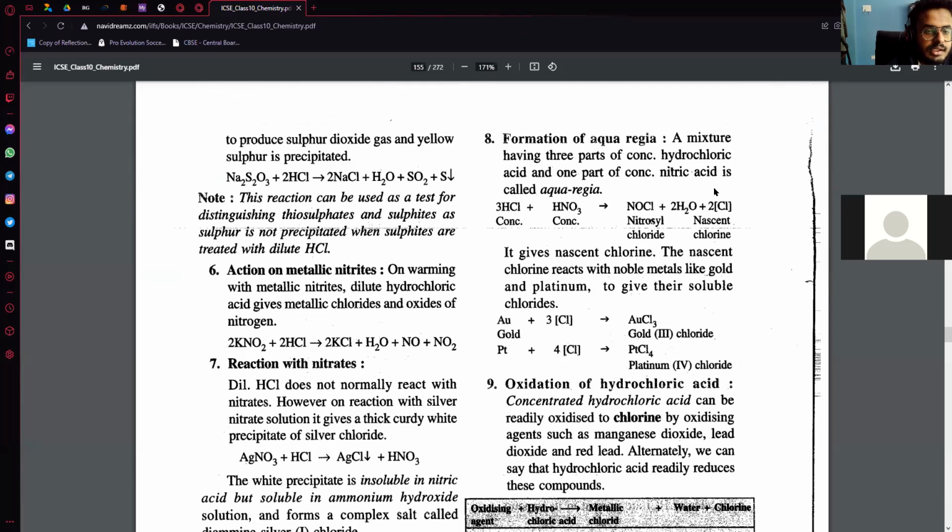You need to know this reaction, you have to know this by heart, okay? It is sure to come. 3 volume of concentrated HCl plus 1 volume of concentrated nitric acid gives you aquaregia. That is basically nitrosyl chloride and nascent chlorine.